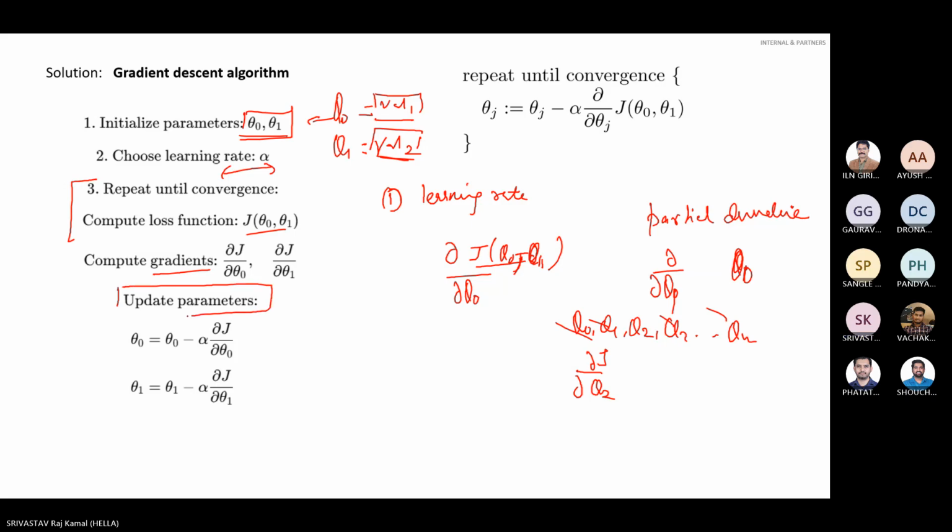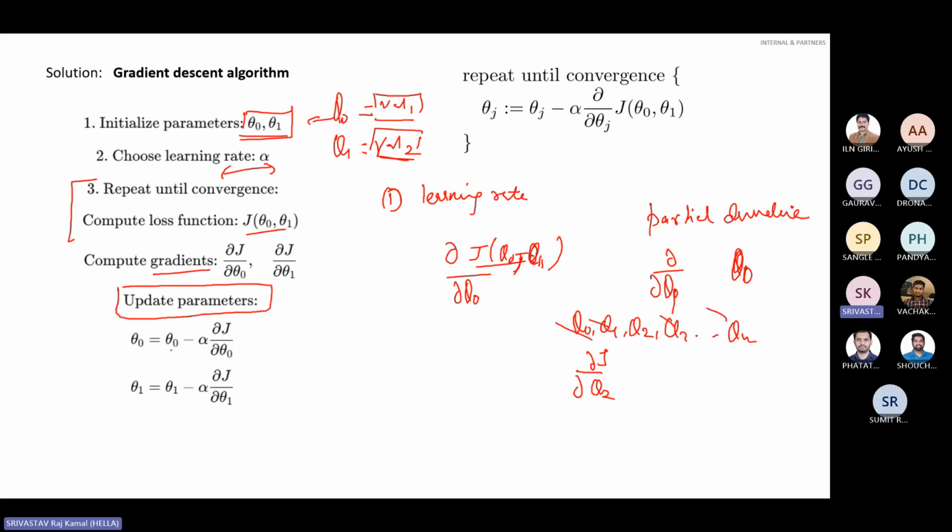Initially some random initialization, some alpha rate, I'll explain this. We do theta 0 minus alpha times the derivative of the j cost function with respect to theta 0, and after subtracting, this becomes the updated theta 0. We keep repeating this until we reach convergence, as mentioned.